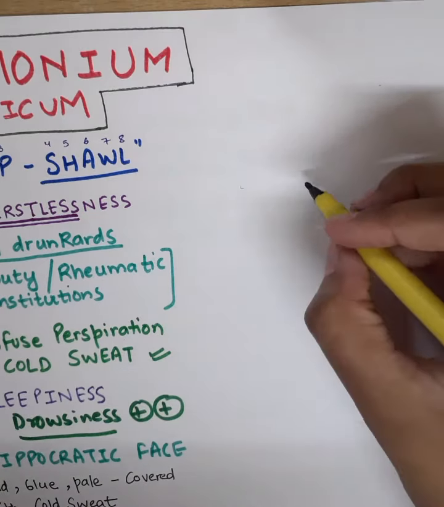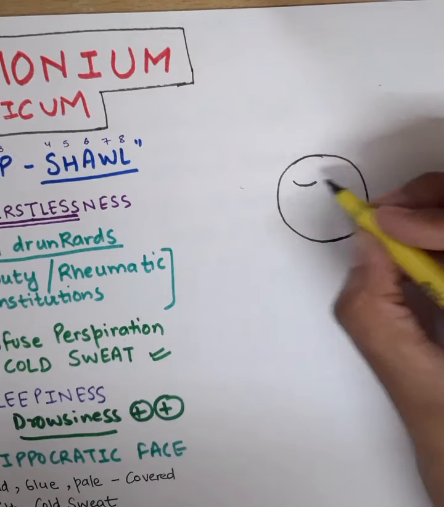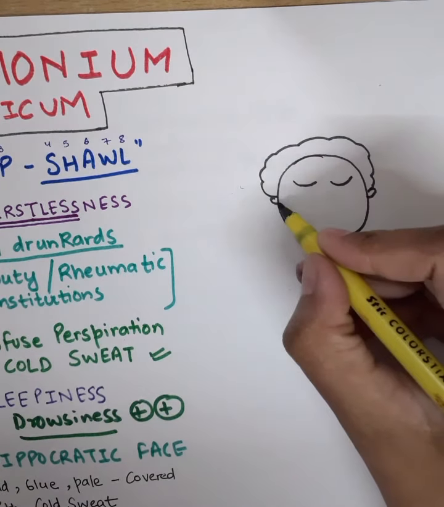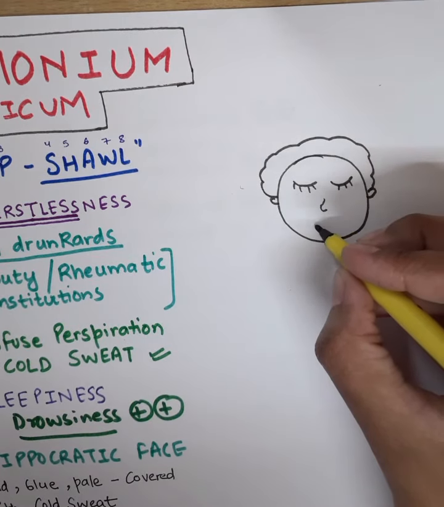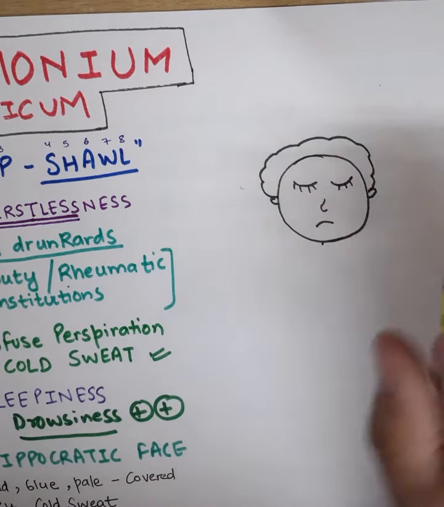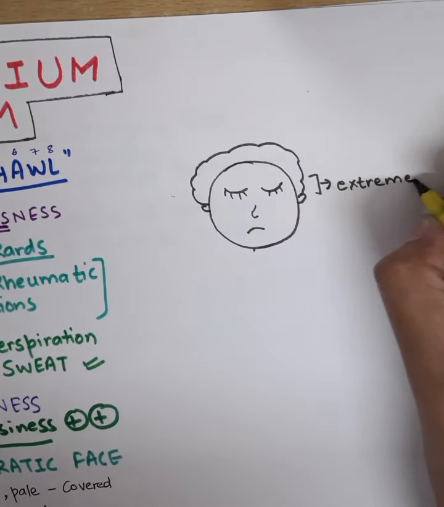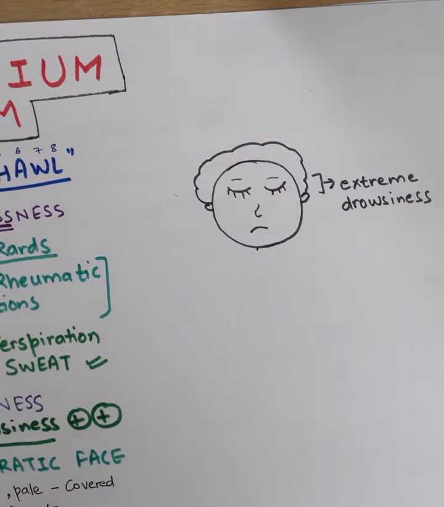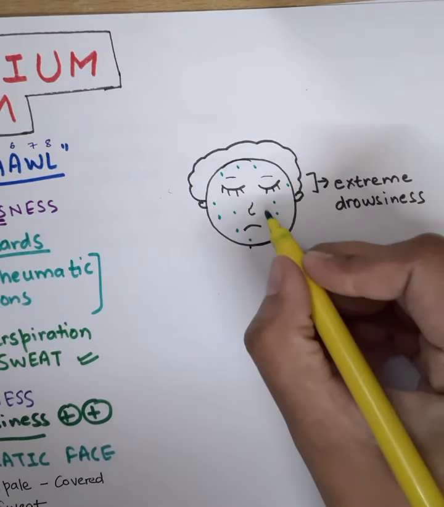Here I am going to try to make a diagram of the Antimonium Tart face. As you can see, the eyes are closed, the patient is sleepy, drowsy. In this diagram I'm only going to draw the very important symptoms. The closed eyes depict extreme drowsiness or sleepiness.